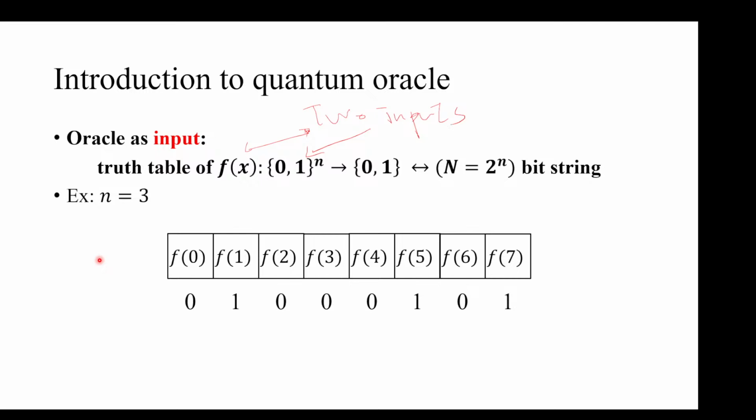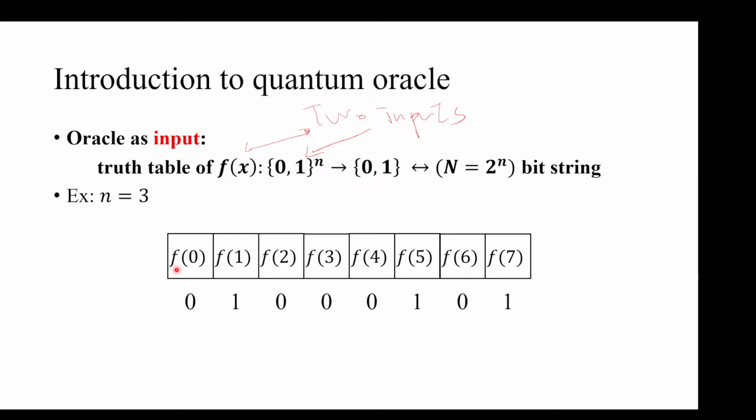For example, you have a 3-bit function, and it has 8 different values, so the input has 8 possible values, 0 to 7, and this function f is described by 8 values: f0, f1, f2, f3, f4, f5, f6, f7.